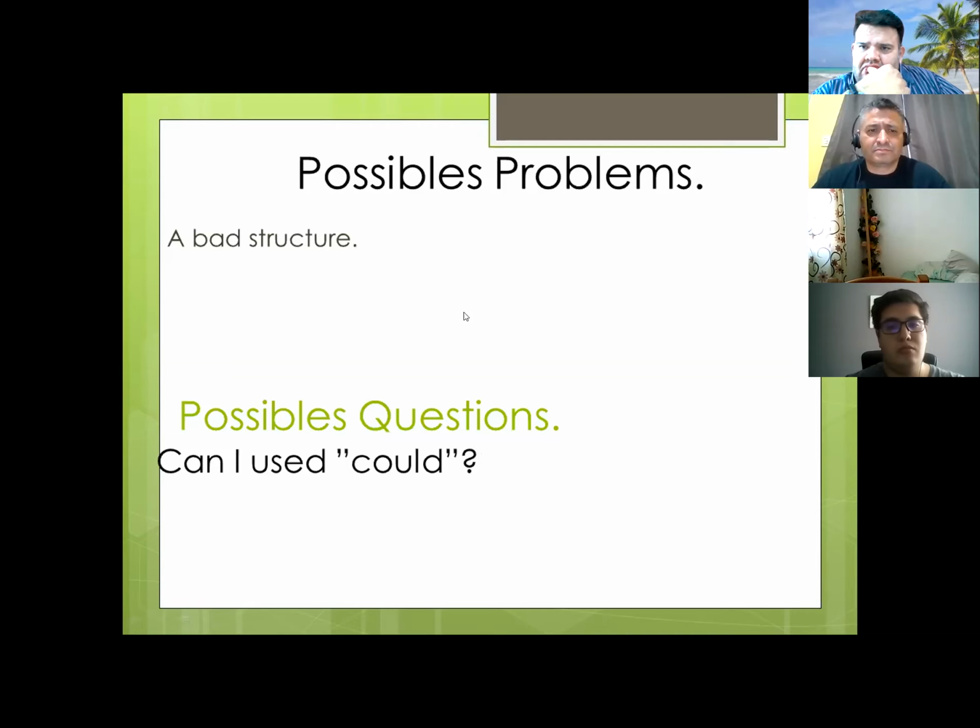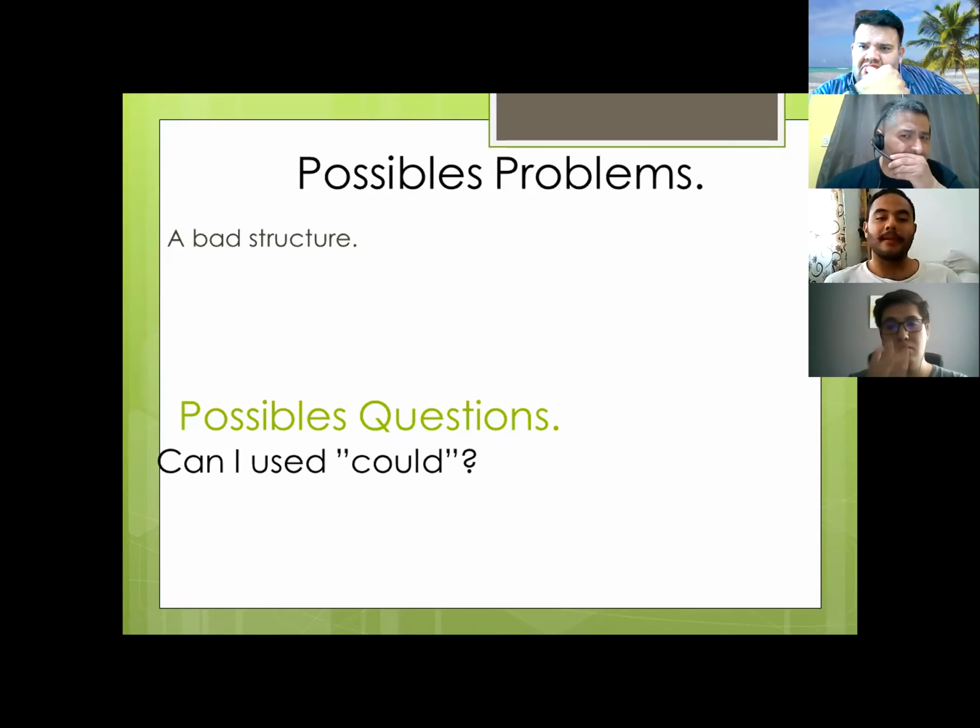Then we have possible problems. Can you help me, Tony? Okay, well, sometimes we're going to have possible issues or problems with the students when we don't have a good structure. We have a bad structure, and we don't explain the correct way how to use the grammar.